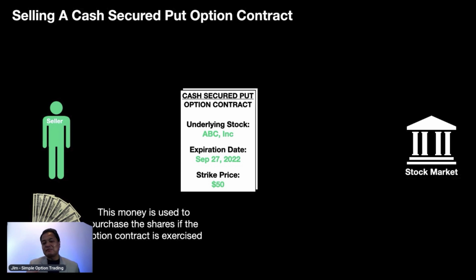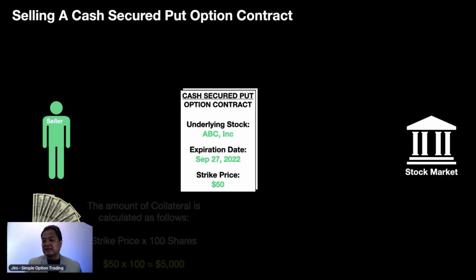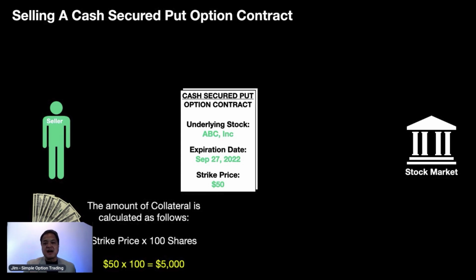I know it sounds funny, me being the seller, but I'm selling the option contract. And what I'm selling is the fact that I guarantee that I will buy the shares at the strike price. And so that collateral amount is calculated very simply by taking whatever the strike price is times 100 shares. Now, the strike price in this case is $50.